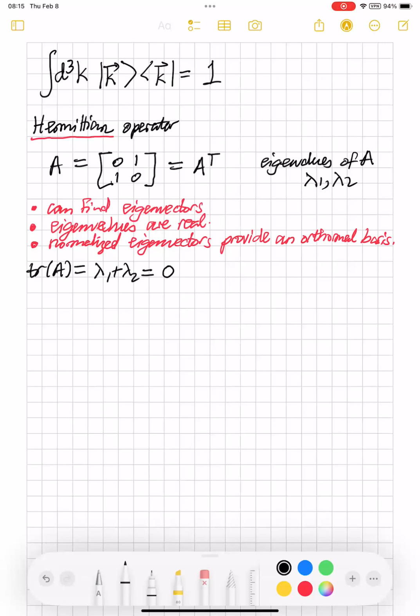So we know the eigenvalues sum to 0. The determinant of A is the product of the eigenvalues. The determinant of A is -1. Well, this is a trivial pair of equations to solve. We learned that lambda 1 is equal to 1, and that lambda 2 is equal to -1.